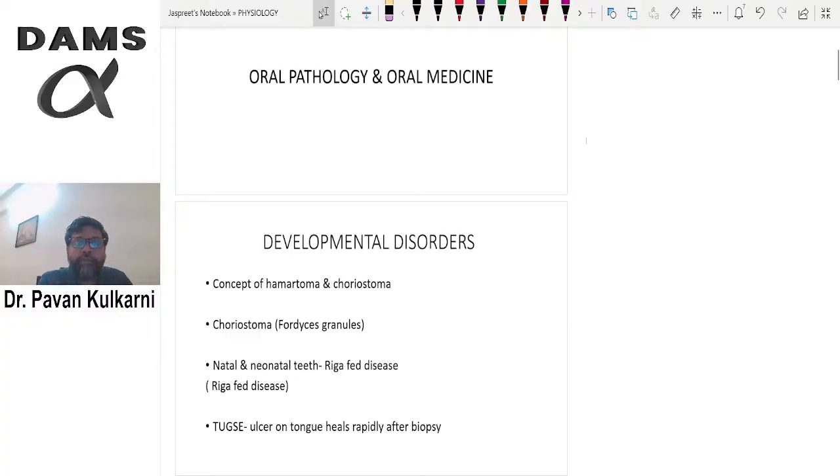They'll show an image of a suprabasilar split, and within that suprabasilar split you are going to see Zank cells. That is again a very commonly asked question. I'm giving examples, so they won't ask you anything rare. Ghost cell is a frequently asked question, and Zank cells again are frequently asked.